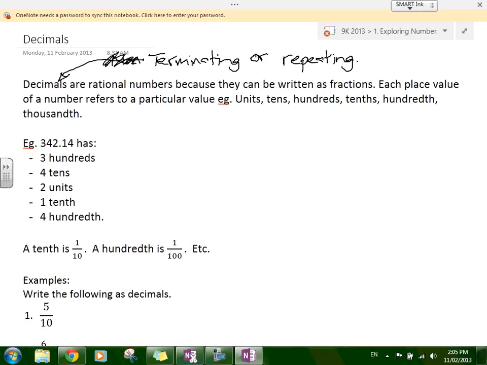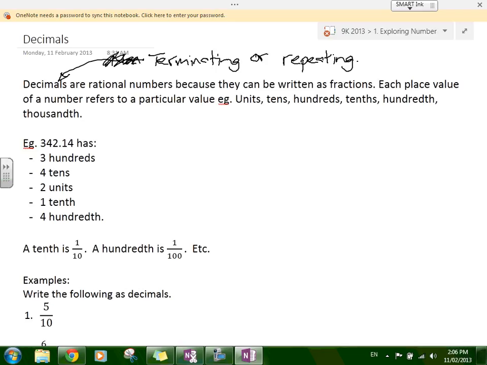For example, a number like 342.14: the way we break it down is by saying it has 3 hundreds, 4 tens, 2 units, 1 tenth, and 4 hundredths. So each place value holds a particular value. You stick them all together, and it makes up this number, 342.14.